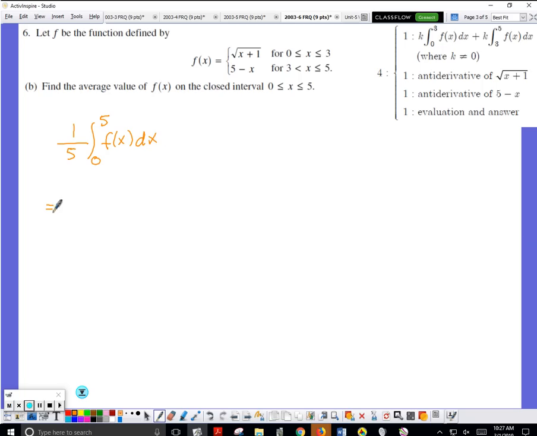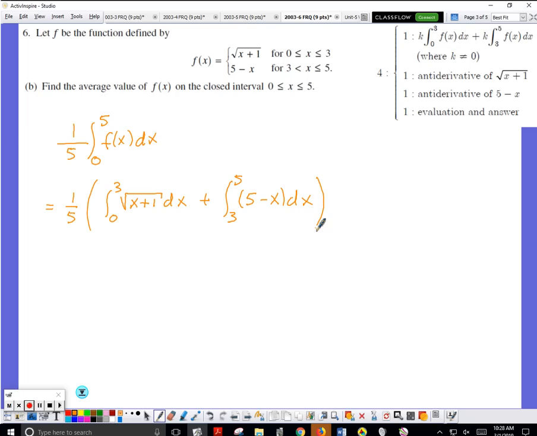So this equals 1/5, big parenthesis, the integral from 0 to 3 of that part of f plus the integral from 3 to 5 of the other part of f. And then close big parenthesis.